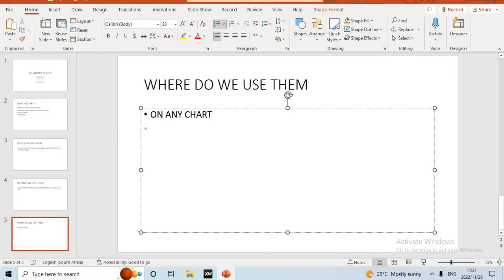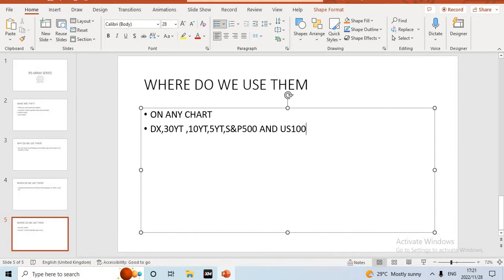I mainly use it on the US dollar index, the 30-year bonds, 10-year bonds, 5-year bonds, and I use it on the S&P 500 and US 100. Yes, this is where I use them on any chart.